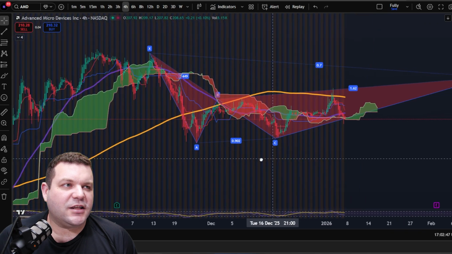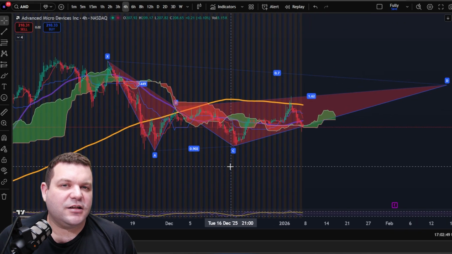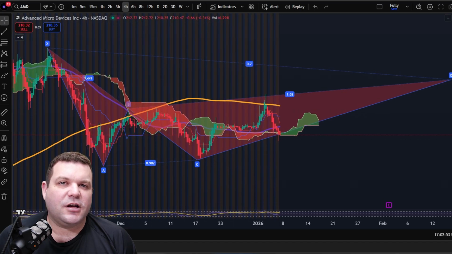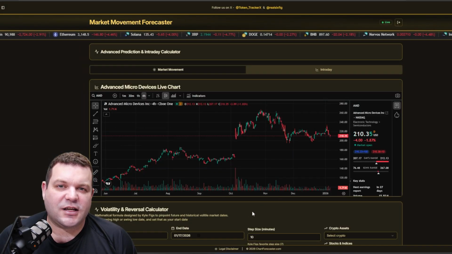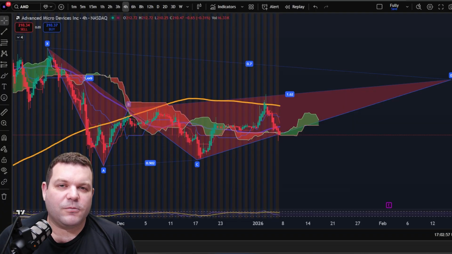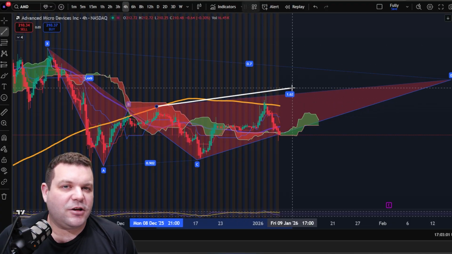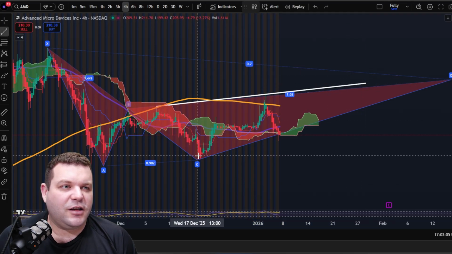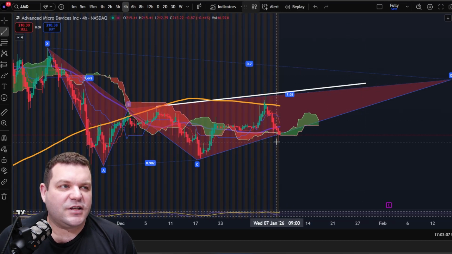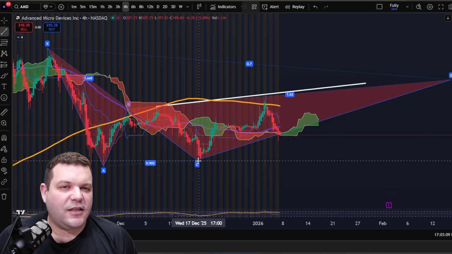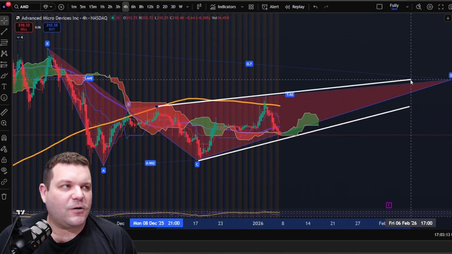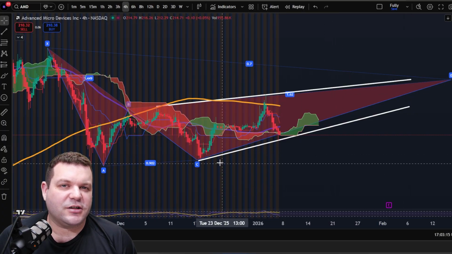When we look at this on a 4-hour chart, and guys, all the dates and times I'm going to give you are UTC time. You could almost make the argument that if this low holds, we could be seeing somewhat of a rising wedge on the charts.